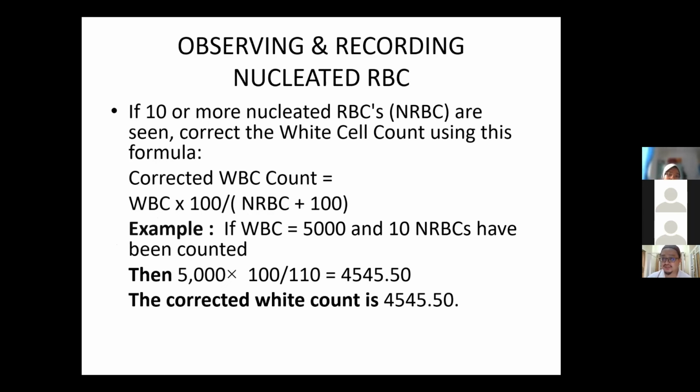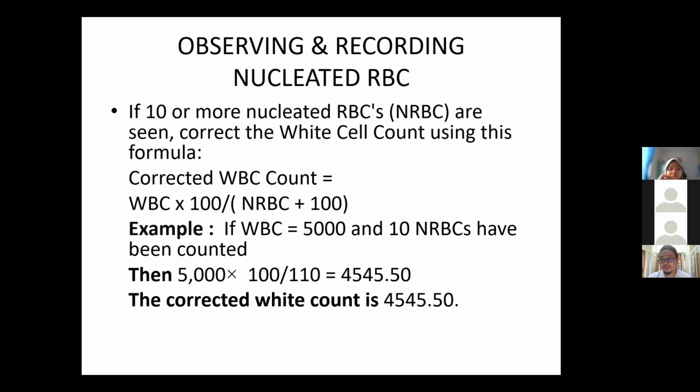Okay, kalau dia ada, if there is only 1 or 2, maybe you can leave it lah. But if we happen to notice that there are more than 10, some people, they are more strict. They say more than 5. Yeah, so it depends on your lab lah. What is their cut-off point?